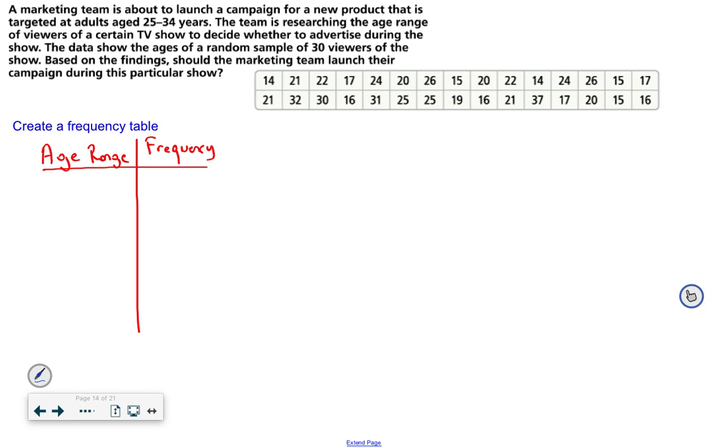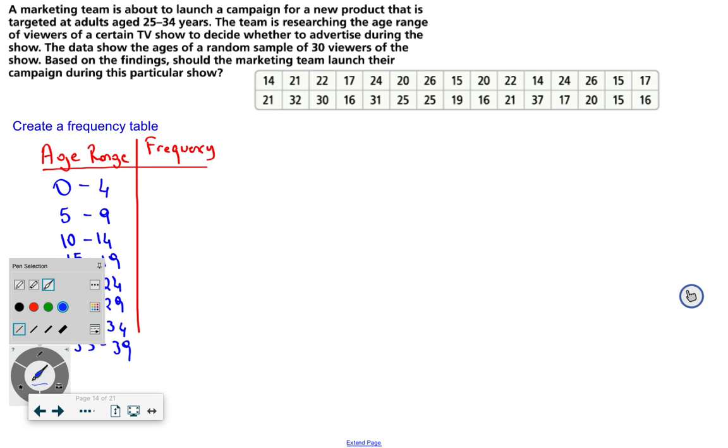So I would like to choose 4 by 4, which means the first interval of the age is 0 to 4, next 5 to 9, 10 to 14, 15 to 19, 20 to 24, 25 to 29, 30 to 34, 35 to 39. I think these are enough for me.